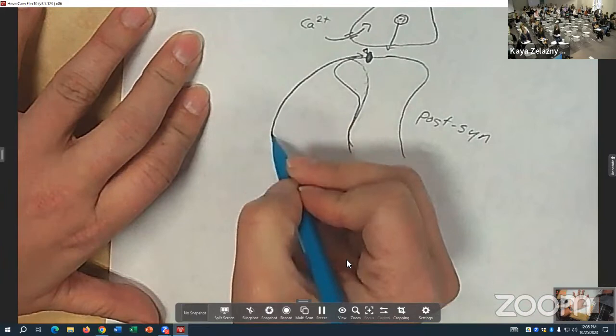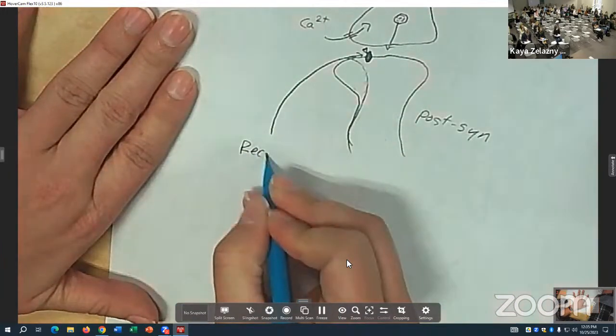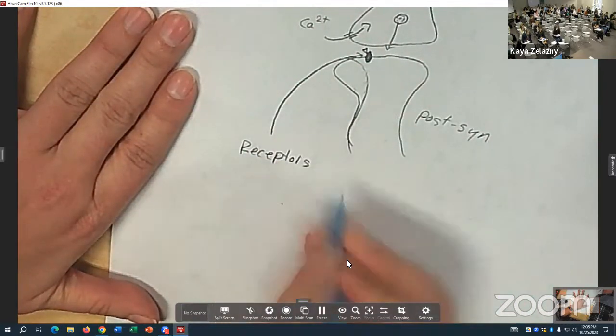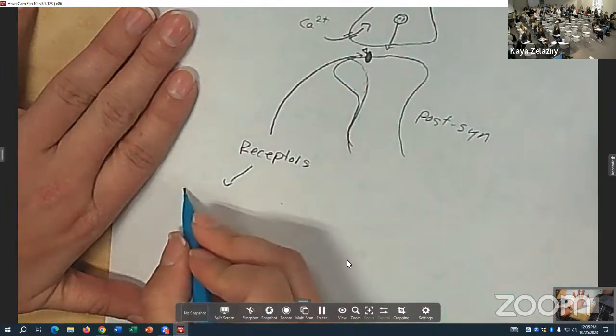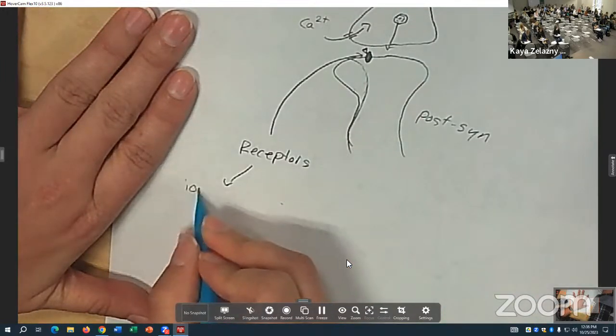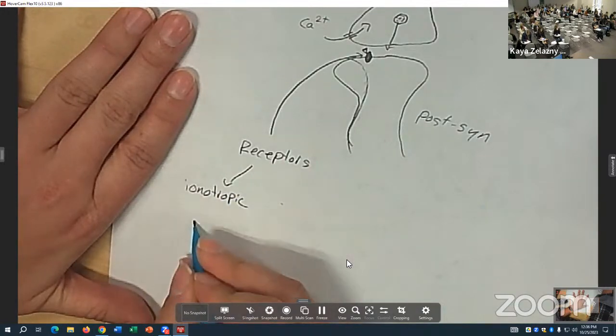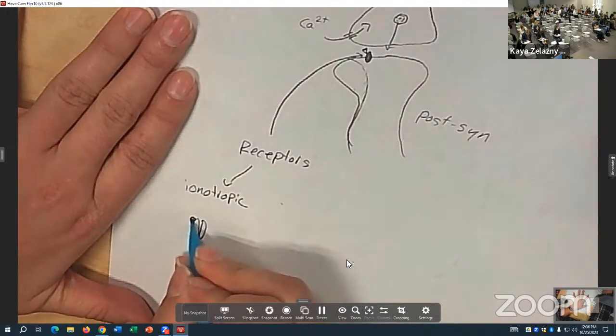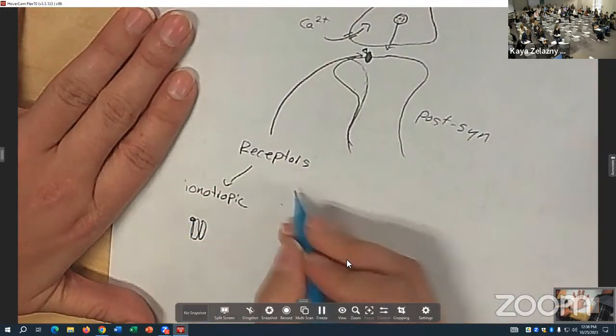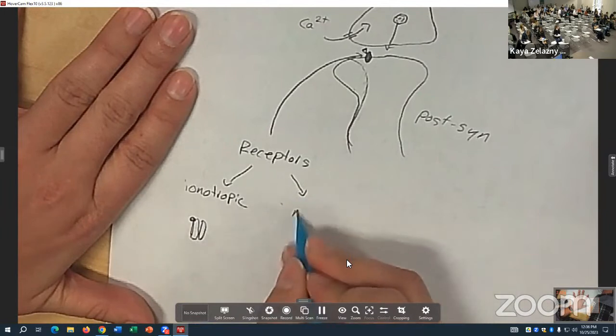We've got two types of receptors. We've got the channel linked or ionotropic receptors. These are just ligand gated. So literally just that neurotransmitter binding opens or closes it. And we've got our metabotropic receptors.